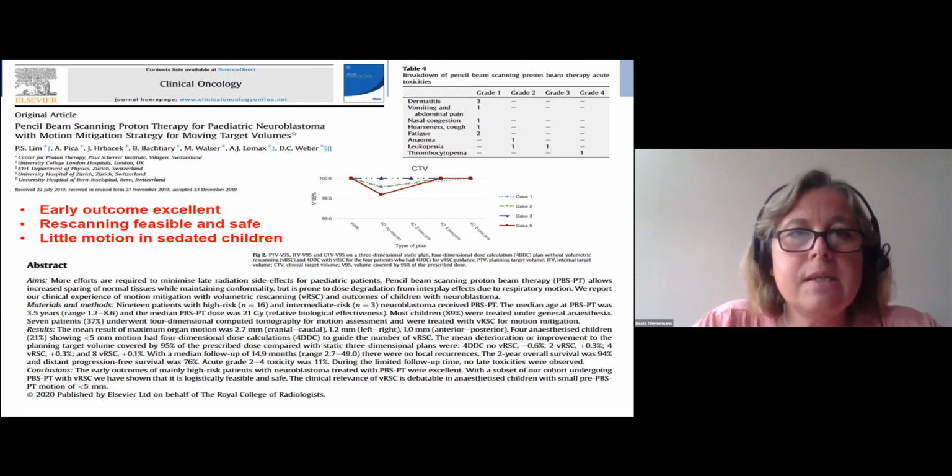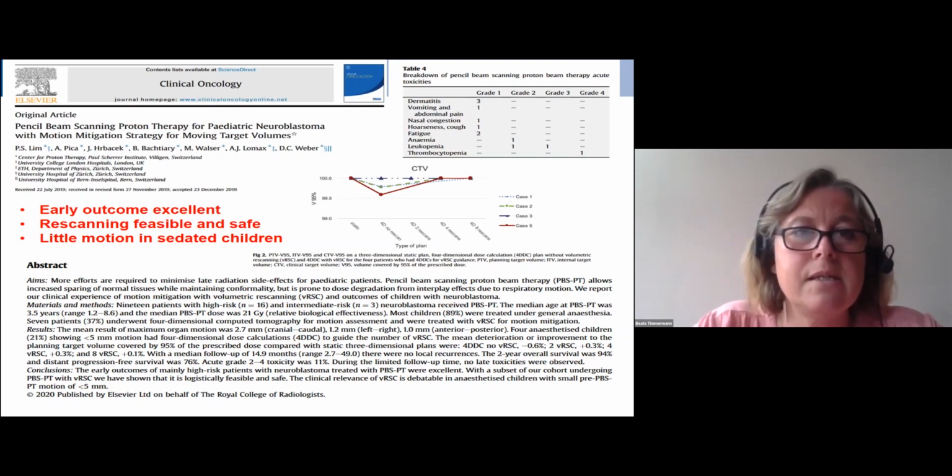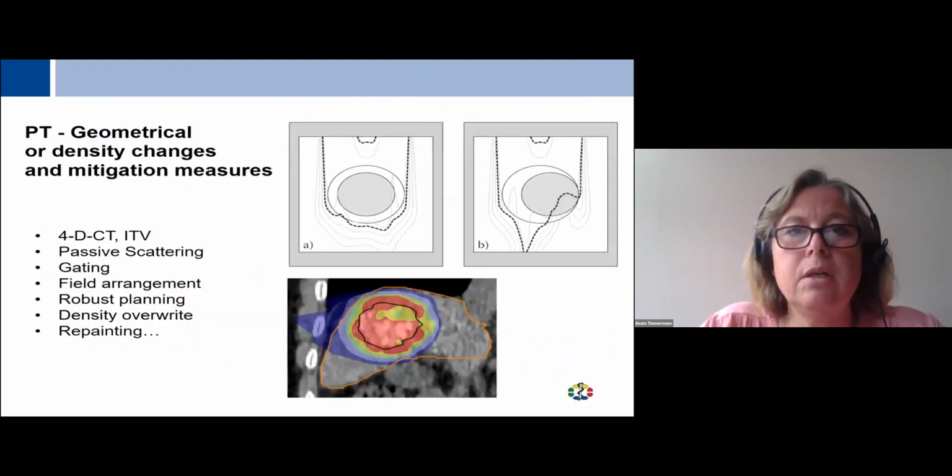They used rescanning of proton beam therapy in some patients, and they saw it was feasible and safe. They also stated that, particularly in the sedated children, the motion they had observed was quite little, so that measures in sedated children may not be of the same relevance as for children being awake and fully conscious.